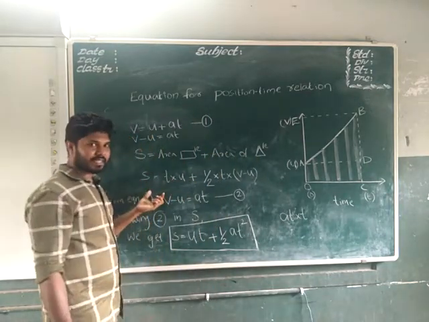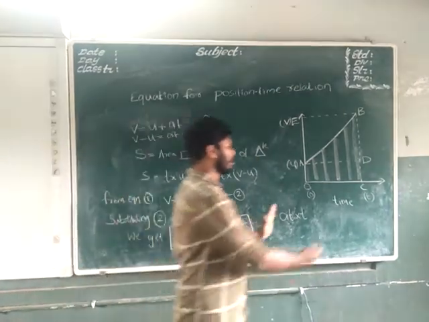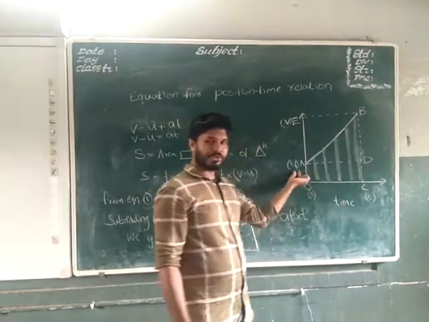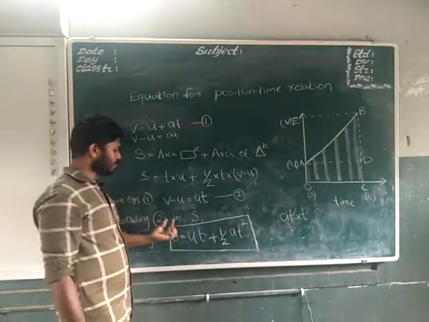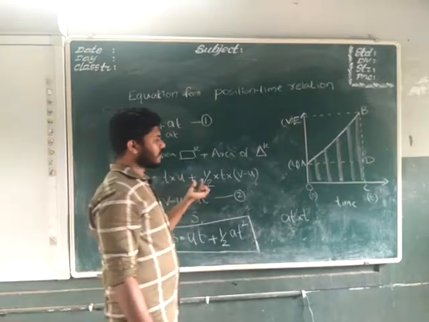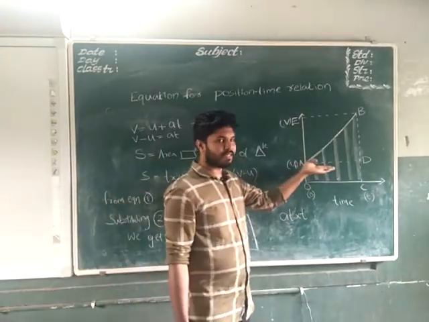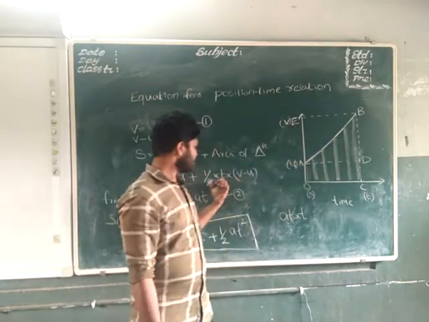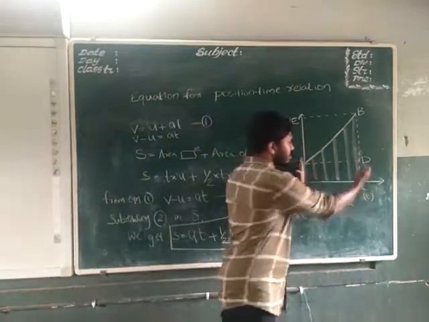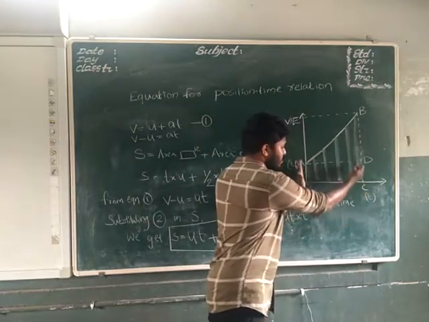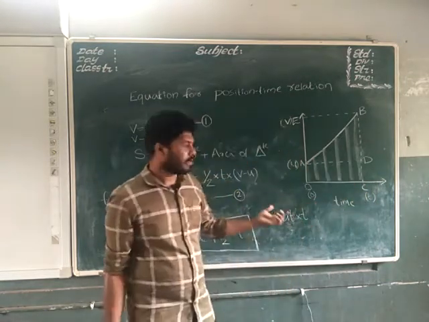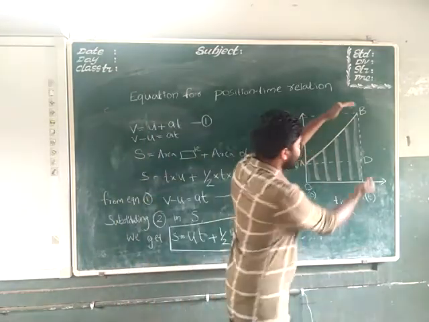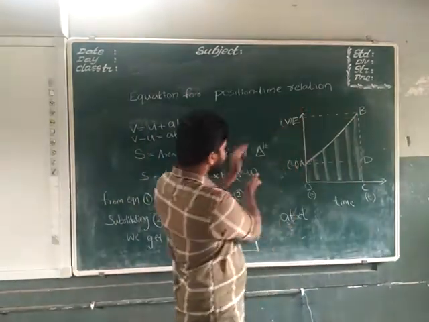Now the area of the rectangle is length into breadth, which is t into u, or we can write it as ut, plus area of triangle is half bh. Here half is here and base is this one, which is time, then v minus u, that is BD, equal to v minus u.